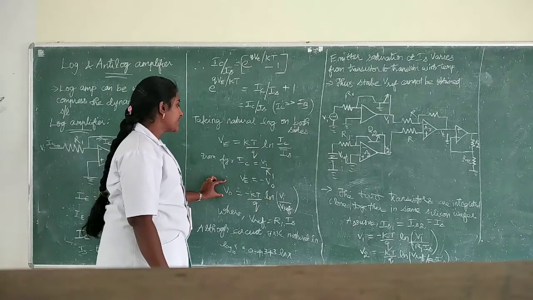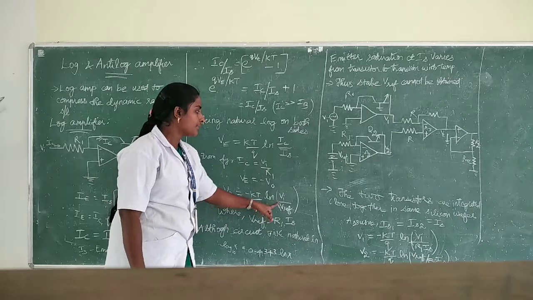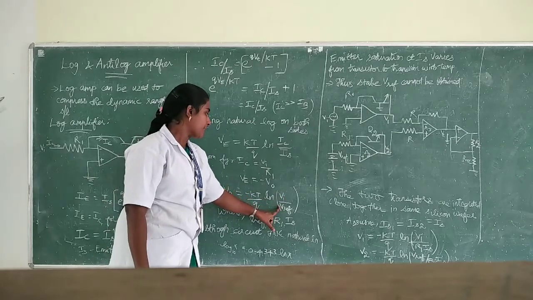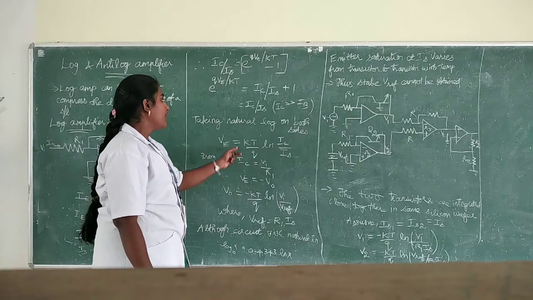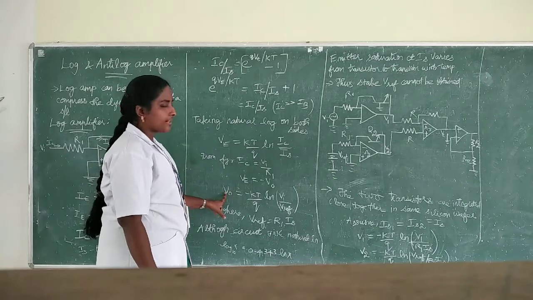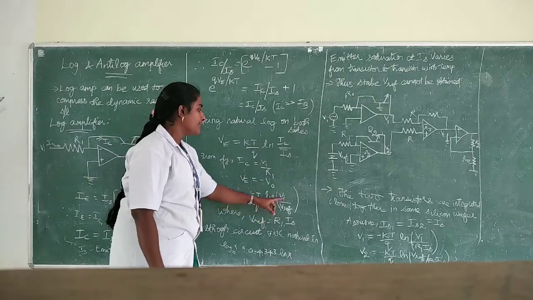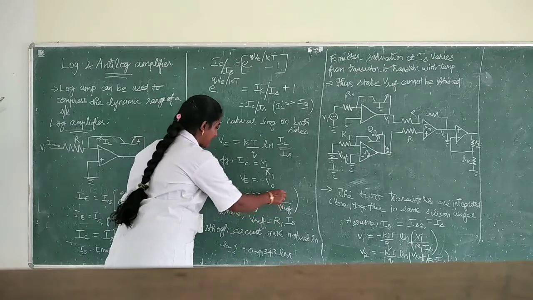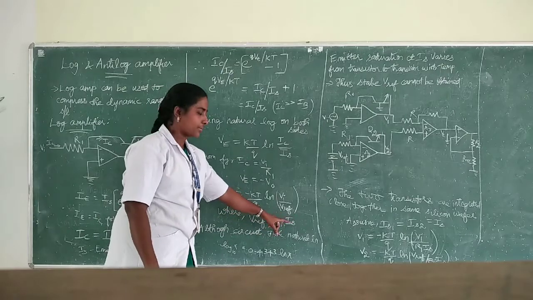Next, V0 is equal to minus KT divided by Q into ln VI divided by V reference, where V reference equal to R1 into IS.